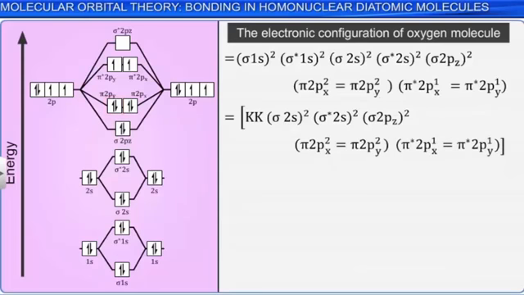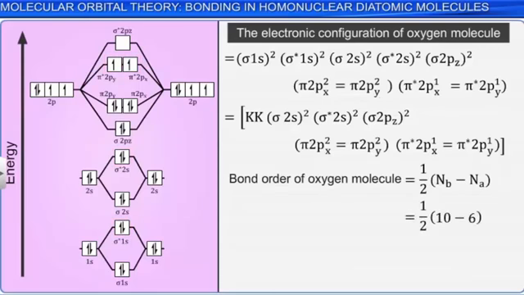Thus, the bond order of oxygen can be calculated as half of 10 minus 6, which is equal to 2. Hence, the oxygen atoms in oxygen molecule are held by a double bond. It has been proved experimentally that it is paramagnetic in nature. This is due to the presence of 2 unpaired electrons in its molecular orbitals.